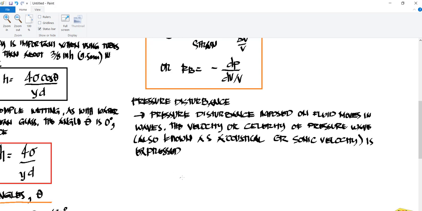We have your C, that will be the square root of the bulk modulus divided by your density, which is also equal to the square root of 1 divided by the compressibility, then multiplied by the density.